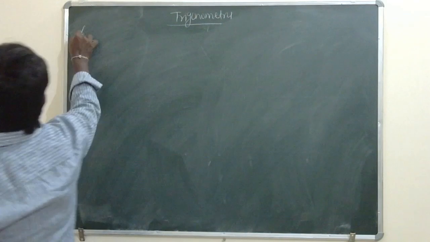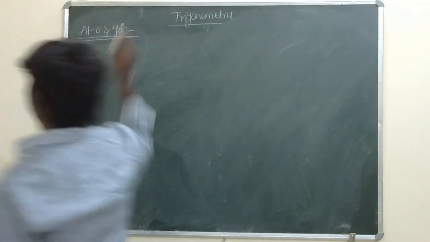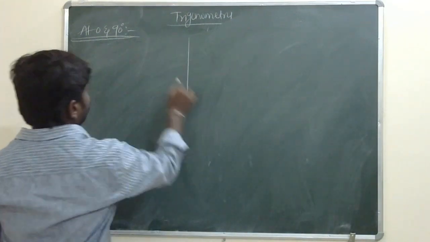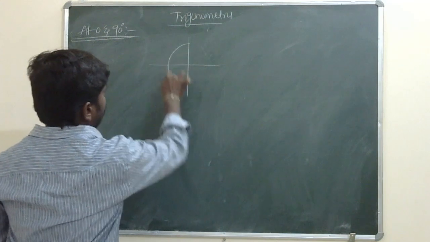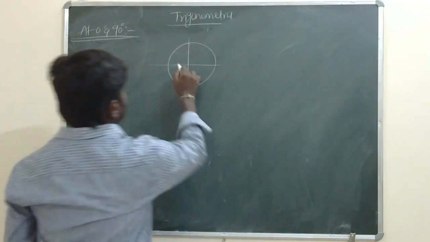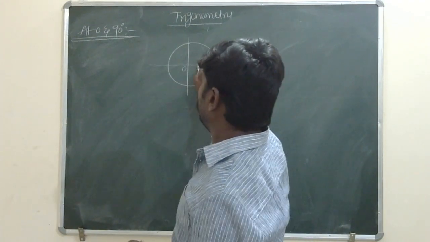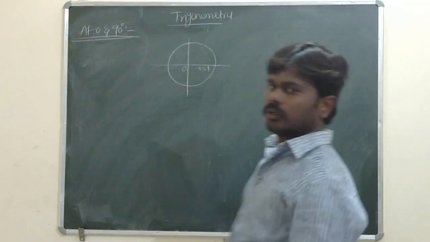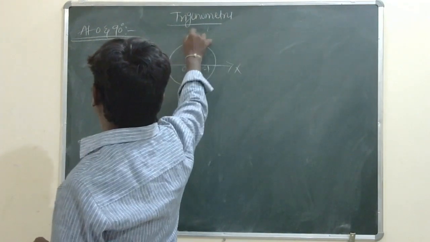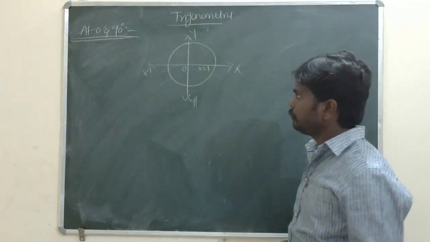At 0 and 90 degrees. So here what I am doing is I am taking a unit circle. Okay, so unit circle means of radius 1. So here r is equal to 1. So here this is the x axis, and of course x dash and y dash, and this is 0, means O is the center of the circle.